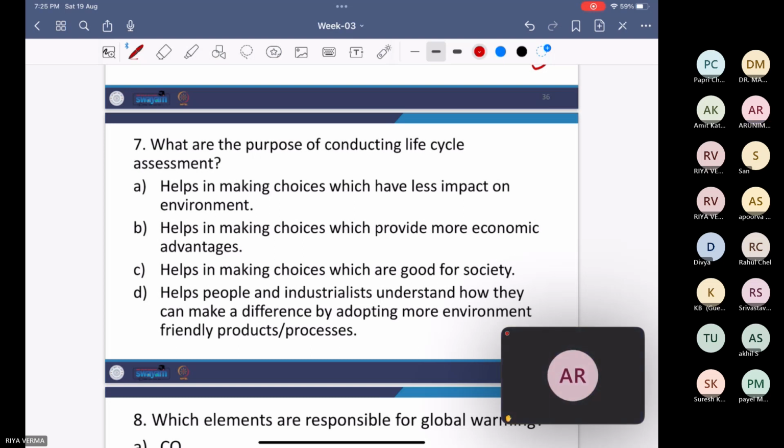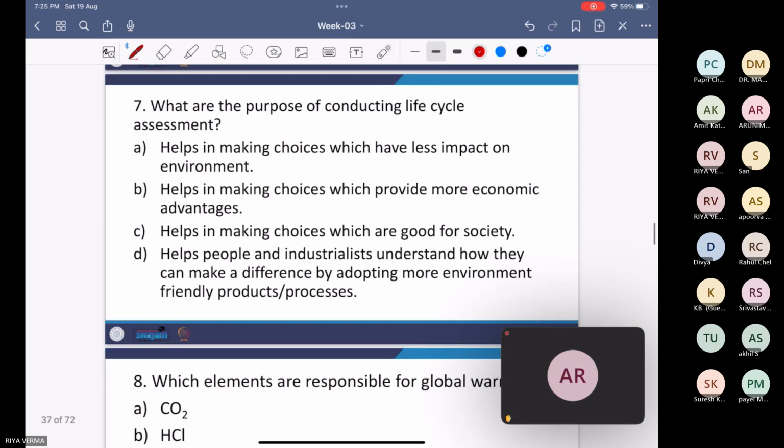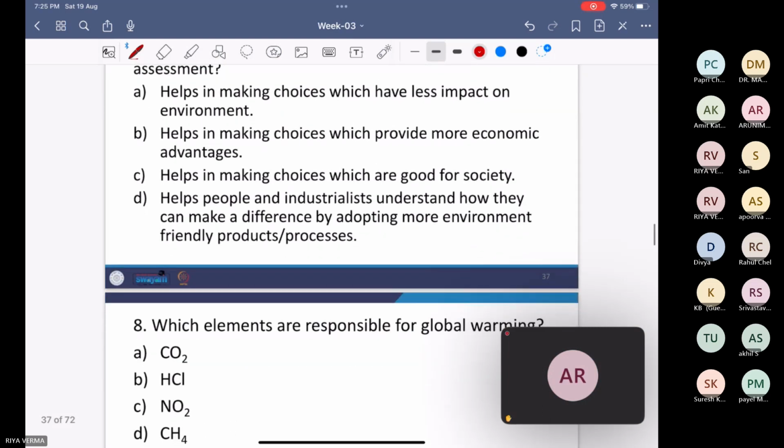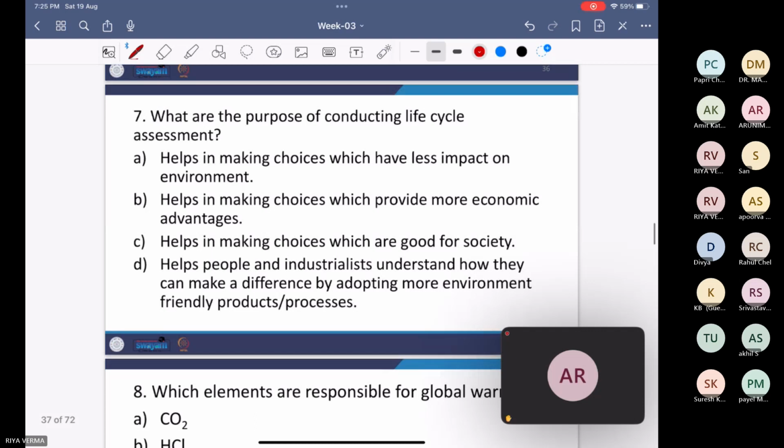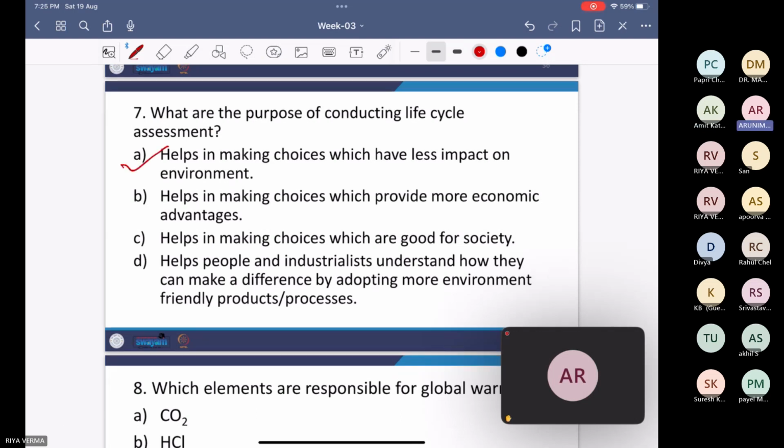And then it helps people and industrialists understand how they can make a difference by adopting more environment friendly products or processes. Let me tell you, it has more than one correct answers. A and D. A, right, and D. It is also right. Correct.